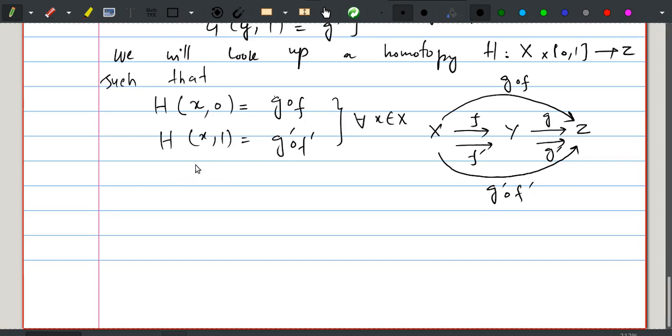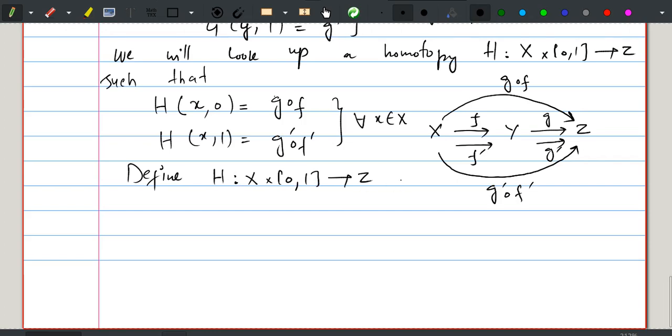So define this h, which is from X times the unit interval [0,1] to Z, as follows.